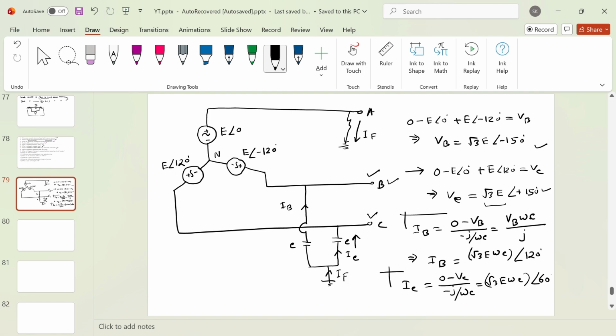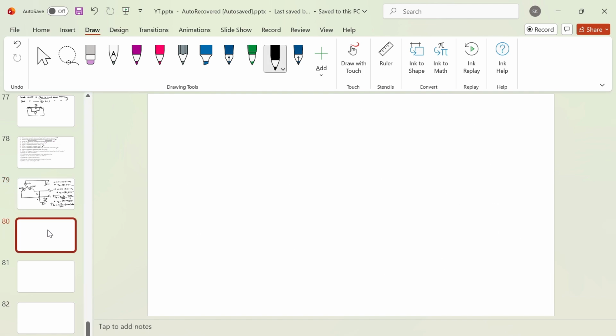Now I want to calculate the total fault current. So fault current IF is equal to IB plus IC. We got root 3 E omega C at an angle of 120 plus root 3 E omega C at an angle of 60 degrees.